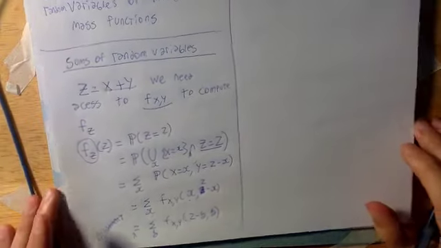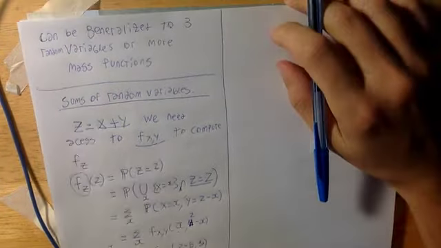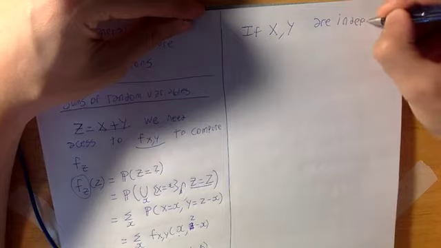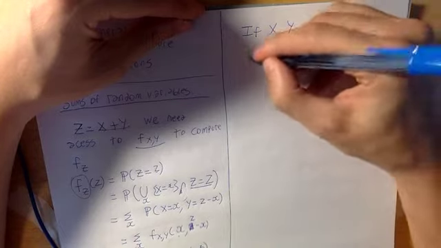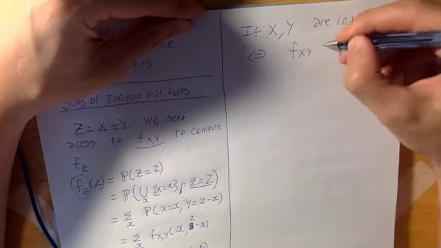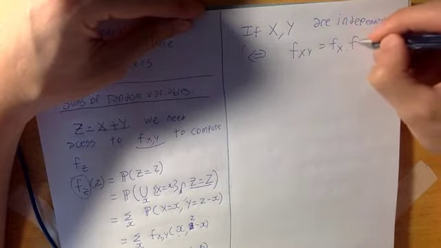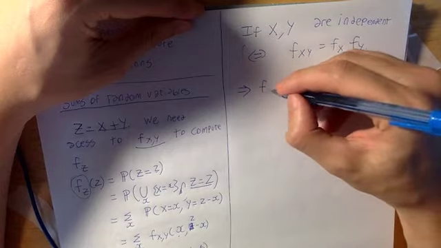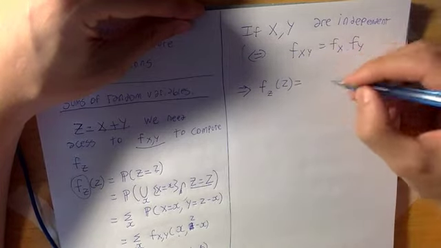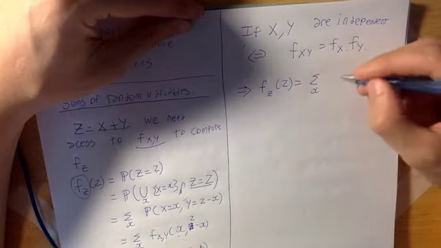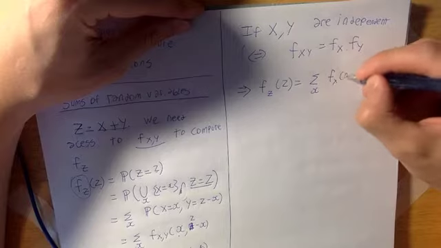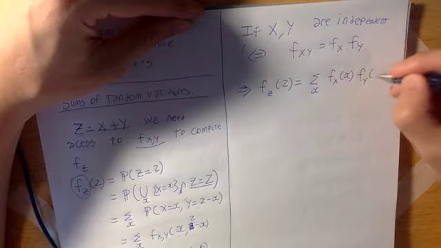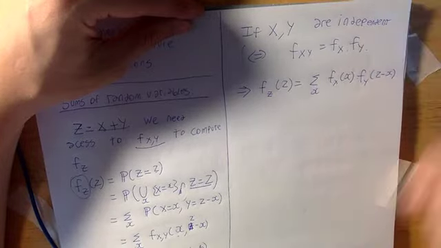So this formula seems a little weird, but if X, Y are independent, which is an if and only if, f of X,Y is equal to f of X times f of Y. Then f of Z at little c is going to be the sum over x of f of X at x times f of Y at c minus x.